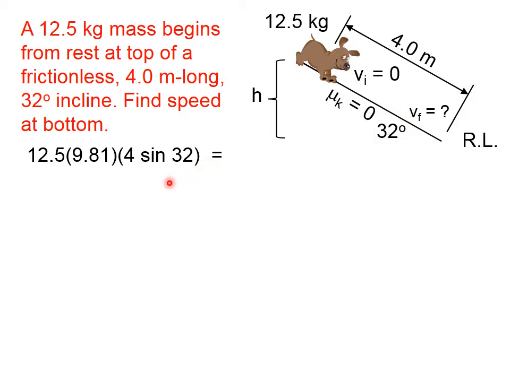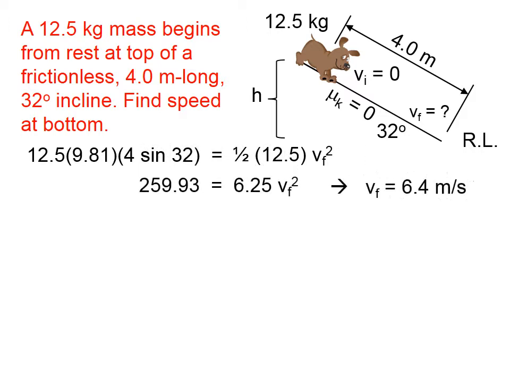So that's his gravitational potential energy at the top. At the bottom he only has kinetic energy equal to 1/2 times his mass times his final speed squared. We can very easily solve that for his final speed being 6.4 meters per second.